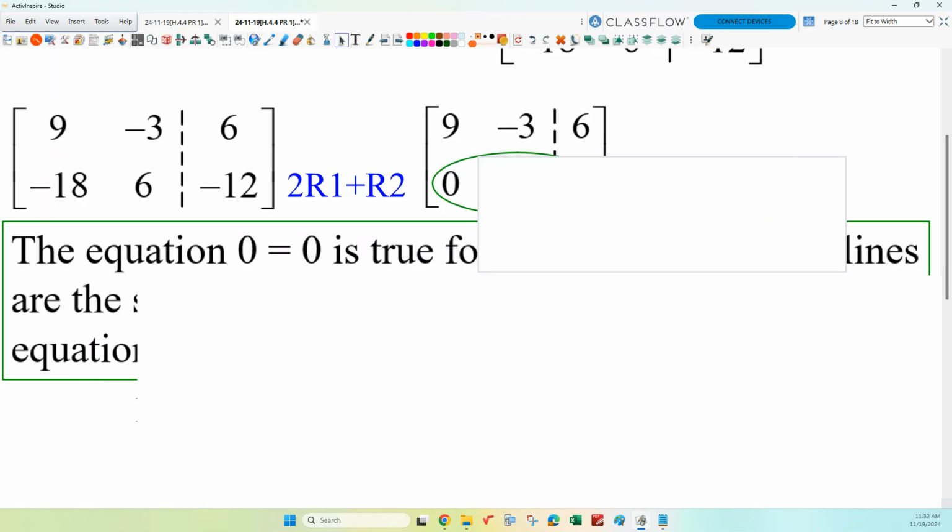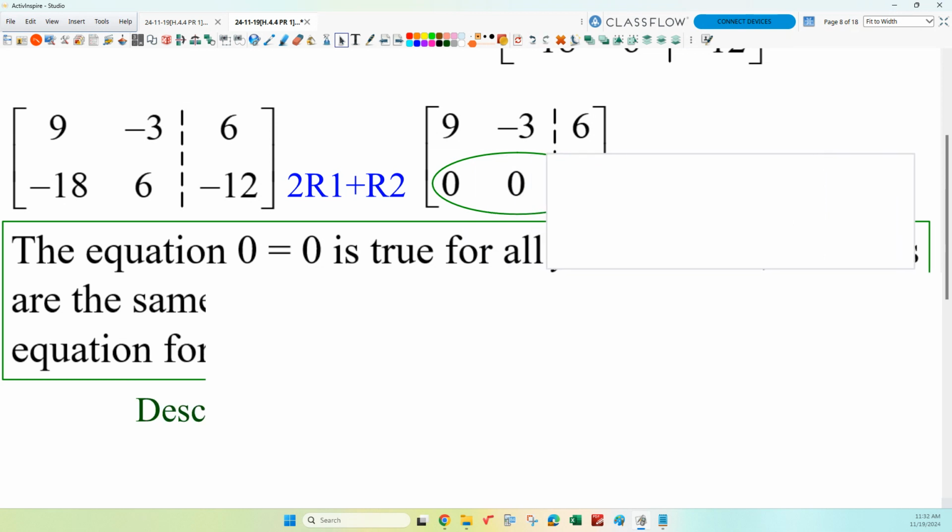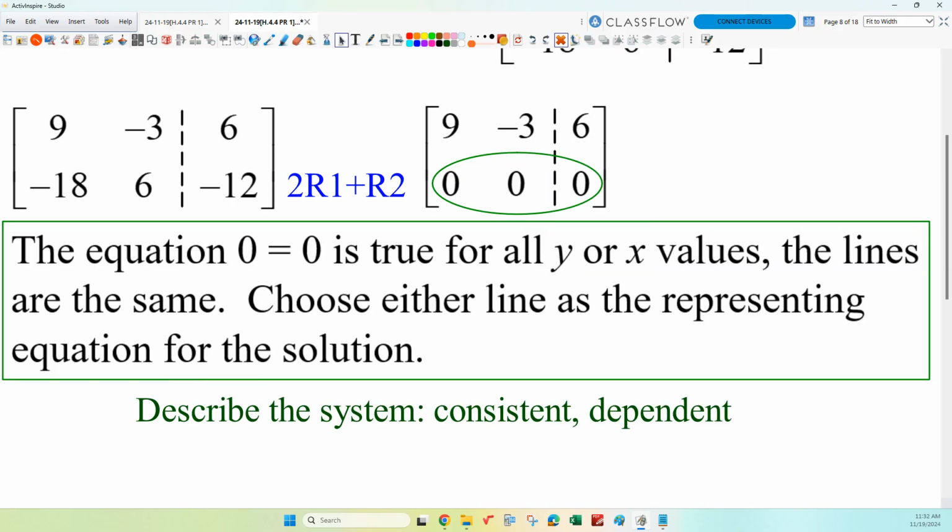Okay, that's the whole point. What's 2 times -3 plus 6? 0. What's 2 times 6 plus -12? 0. Okay, so what's that mean? Same line. Yeah, because now I get the true statement, 0 equals 0.